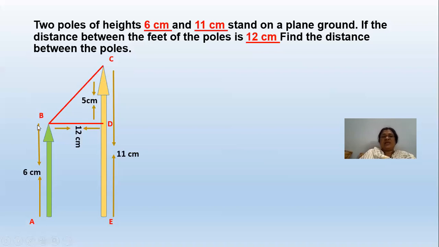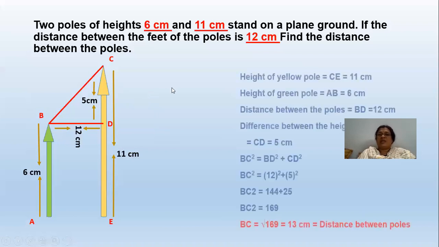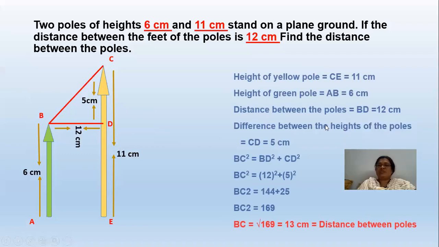In this right angle triangle, you know the base and the height, but you don't know the hypotenuse. So now you can apply the Pythagoras theorem principle to find out the hypotenuse. Here the hypotenuse is nothing but the distance between the tops of the poles. Let us work out the problem now.